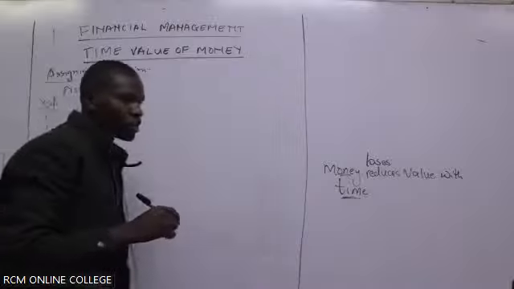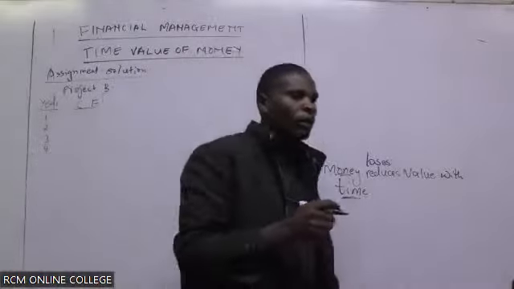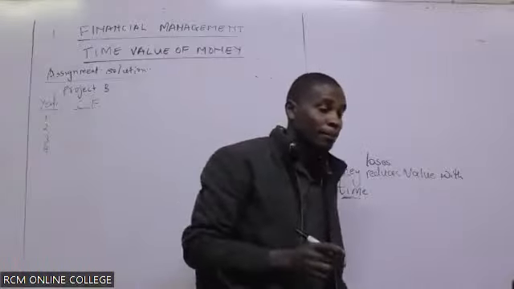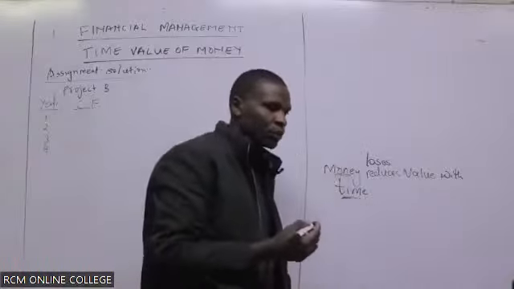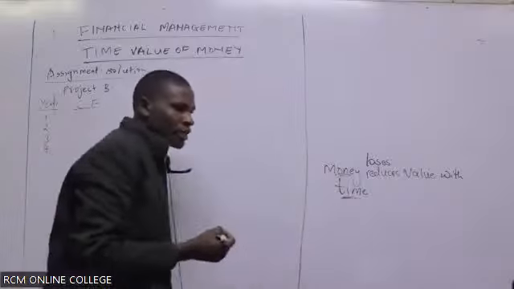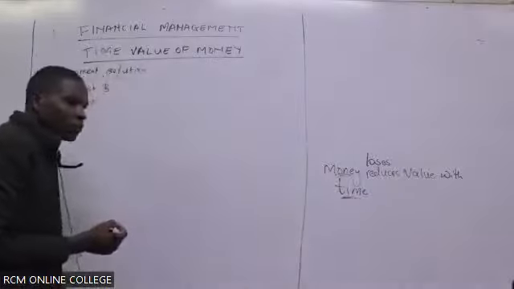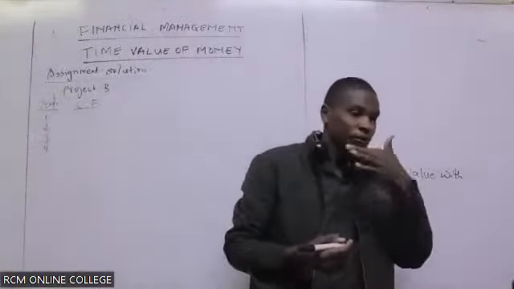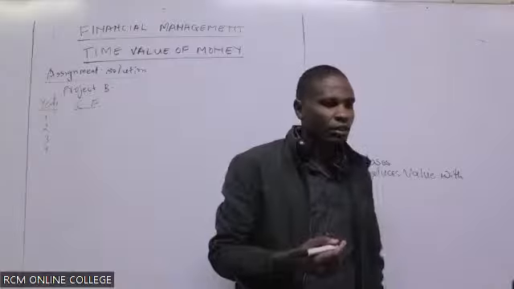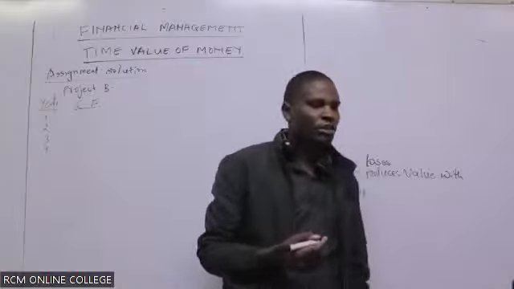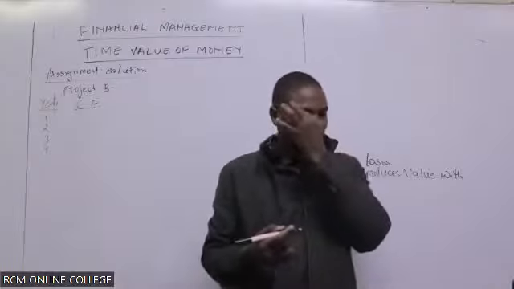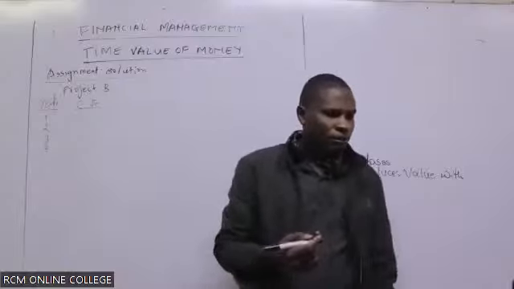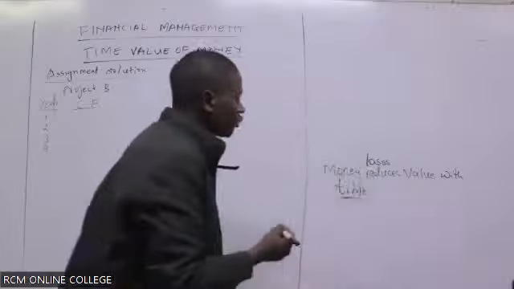Somebody tell me, year one cash flow, how much was it? I think you wrote this from the assignment that I gave. It's better we start there. 5, 6, 8, and 10. Thank you.